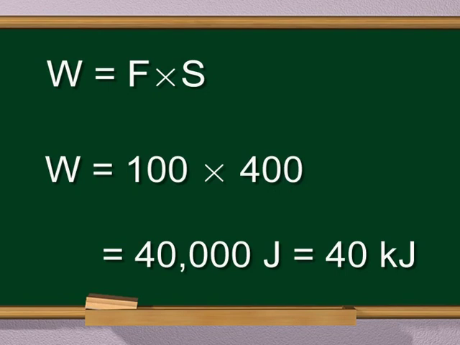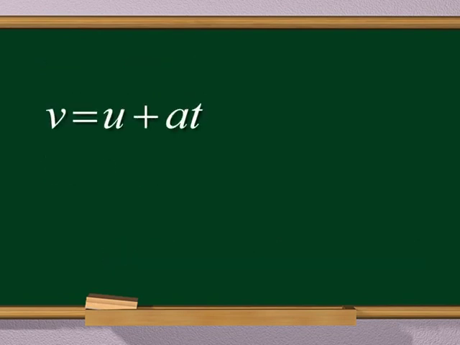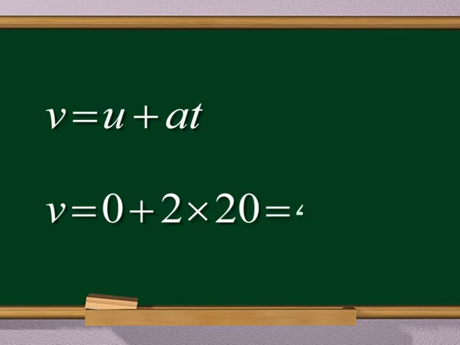Since final velocity is expressed by V equal to U plus A into T, the velocity acquired by the body after 20 seconds V is equal to 0 plus 2 into 20, which is equal to 40 meter per second.